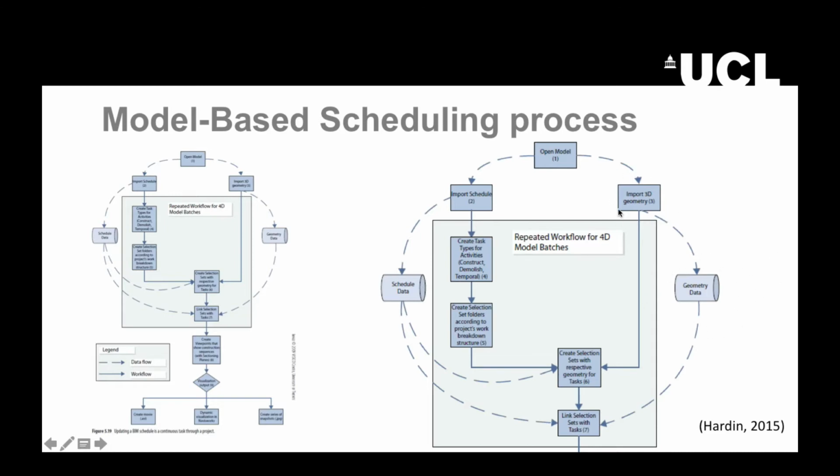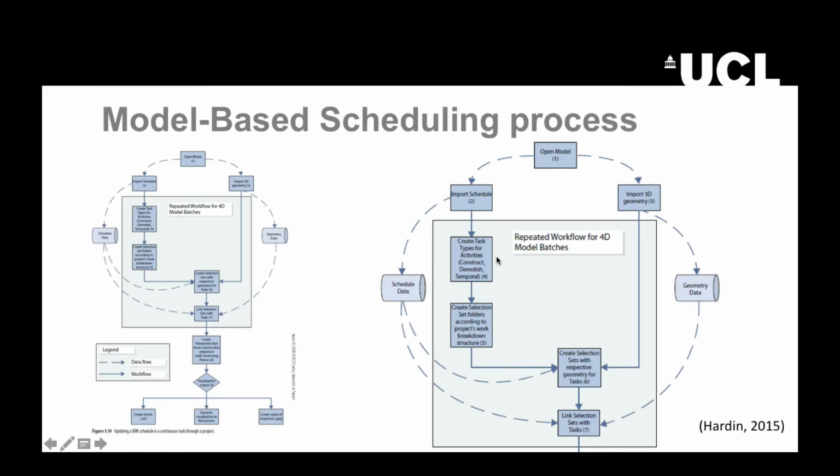We have already developed a 3D geometry, like for example a Revit model, that we can import in a 4D software such as Navisworks. And then we can import the schedule from other software such as Microsoft Project, or we can create the schedule by using Navisworks.